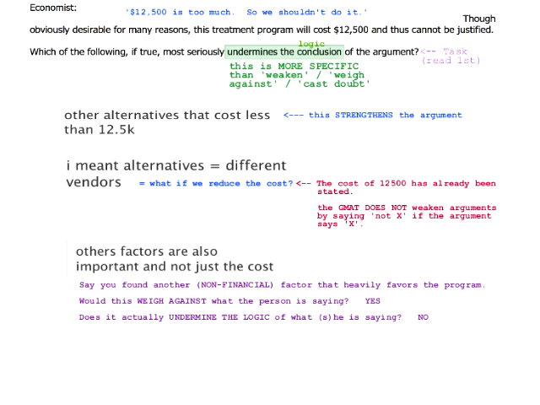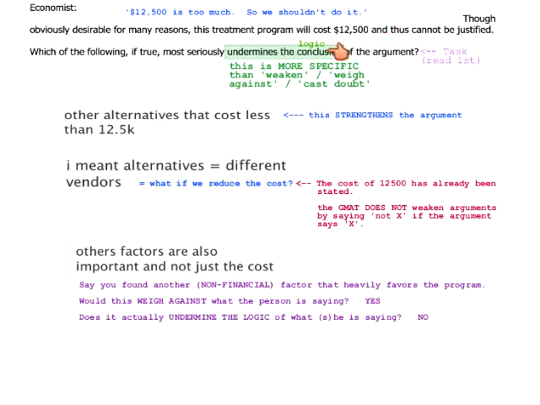Because the thing is, if you're bringing in non-financial considerations, that means that this argument is every bit as logical as it was. I mean, you might have some other reasons to argue against it, but you're not arguing against their logic. Whereas if you bring in other financial considerations, then you are. So this is the difference.